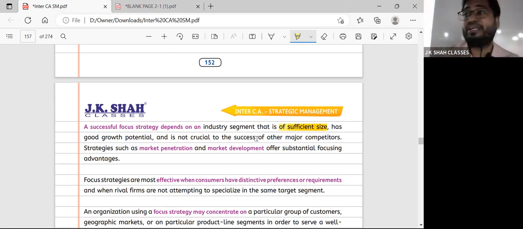Only in our locality I am planning to sell. No third place, only this place. A successful focus strategy depends on an industry segment that is of sufficient size and has potential, and it is not crucial for the success of other competitors. So McDonald's has no outlet. My burger will be sold here because I know there is no McDonald's outlet here.